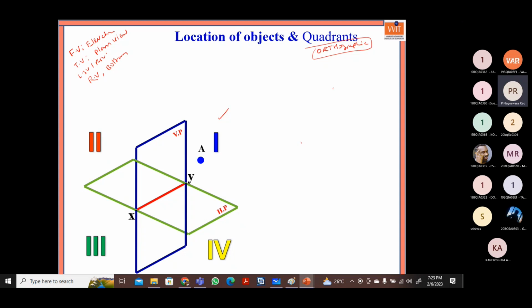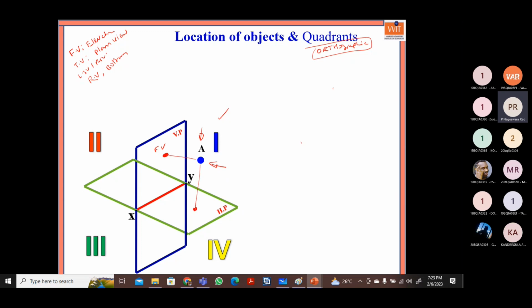So here indirectly, when the object is there, for example, if you observe here in the front view, you will get the image here. This is the front view image. When you observe the top view, you will get the image here on the horizontal plane. So indirectly, we can say that the type of image we are getting when the object is in the first quadrant means first angle projection.